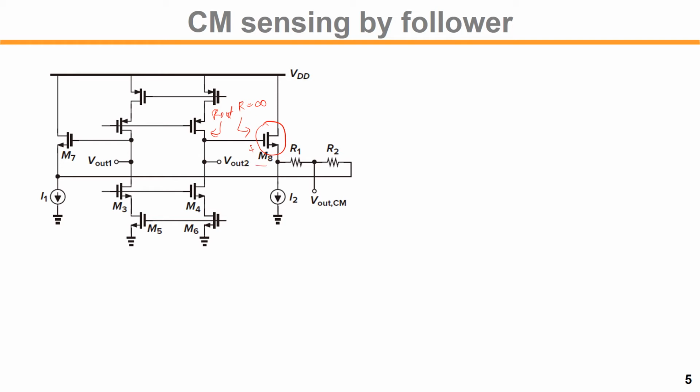Now we have the VGS drop between gate and source, and the sensing resistors sit after it. The good thing is that the CMFB doesn't affect the DC gain of the main amp.